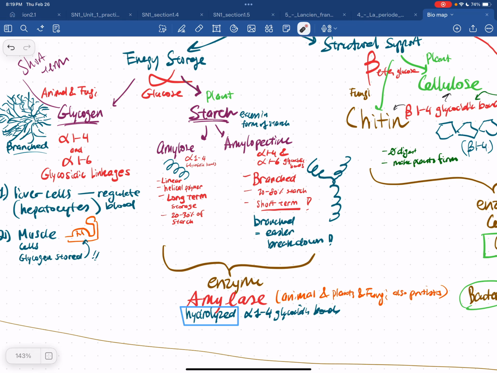They can be hydrolyzed to digest these alpha 1,4 glycosidic bonds by the amylase. So amylase can hydrolyze these.